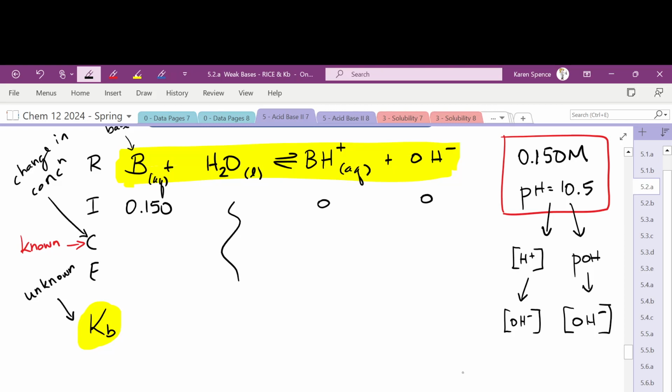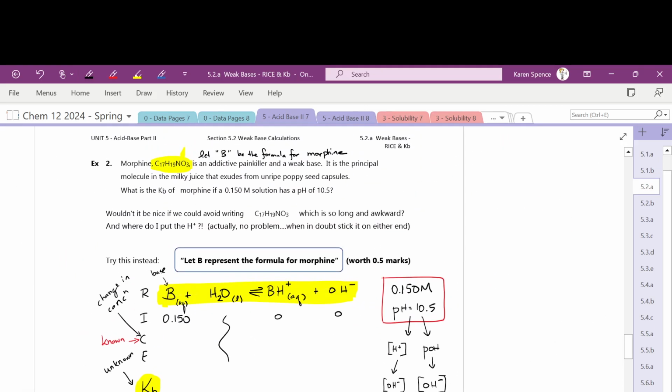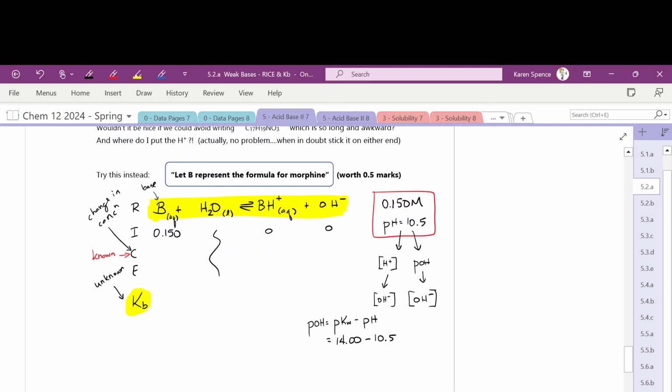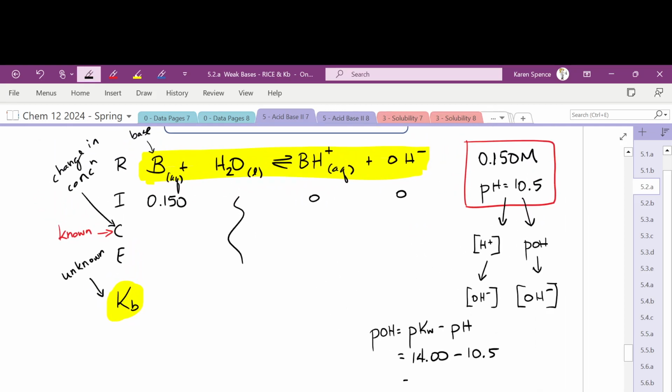I always find pOH is easier. So pOH is equal to pKw minus the pH. So that's 14.00 minus 10.5. Is it 10.5 or 10.50? Just 10.5. Okay. That's fine. So we now have 3.5.